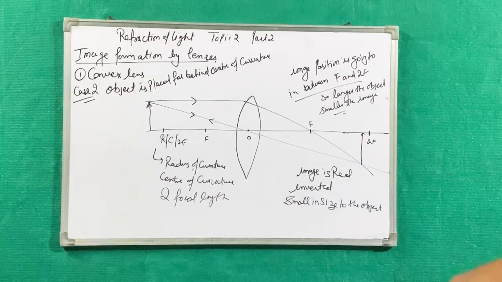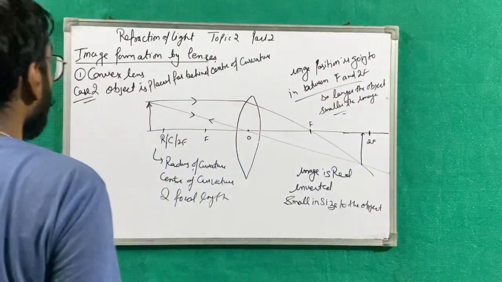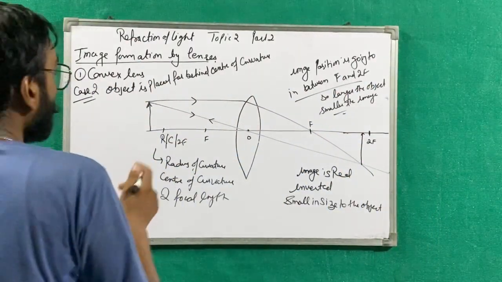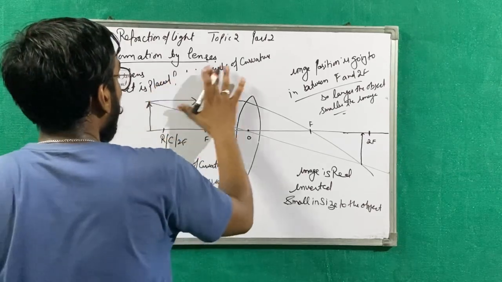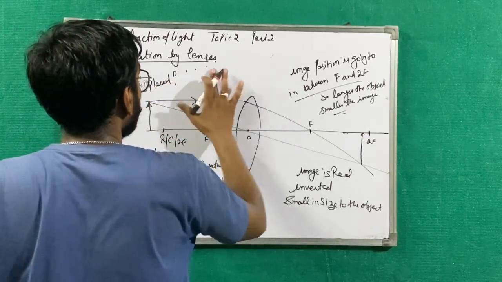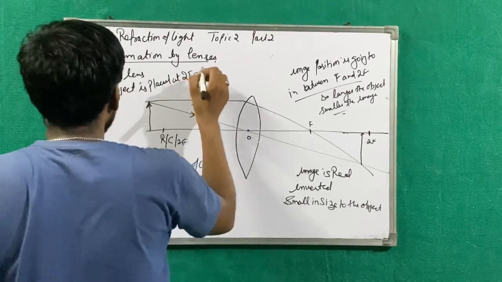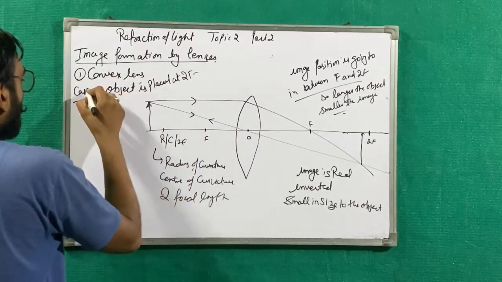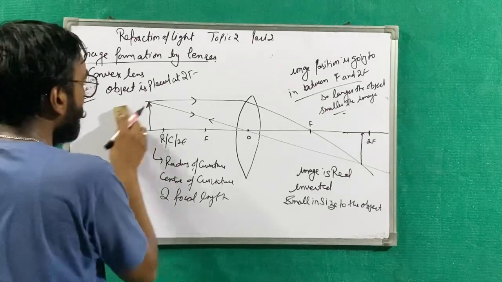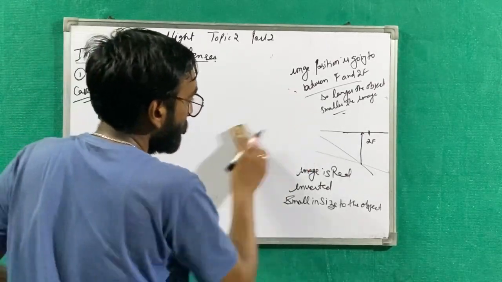ठीक है? So the third case is going to be when the object is placed at 2f. Case number three, the object is placed at 2f.